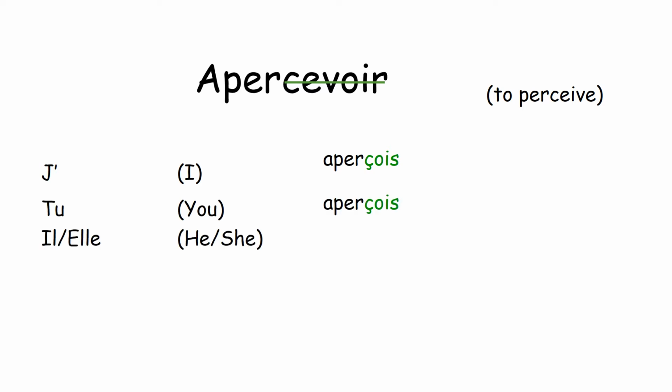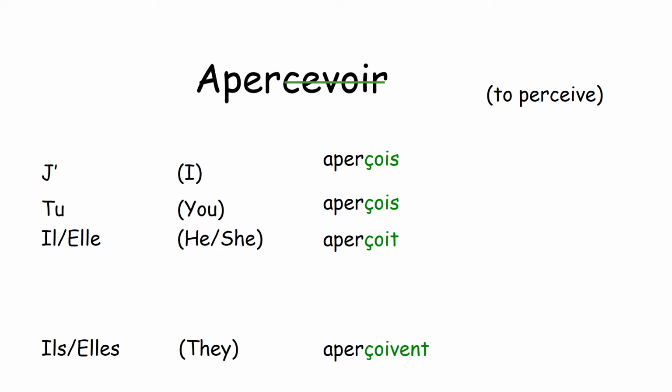To conjugate, we remove the cevoir part and then we add, for je, the ending OIS: j'aperçois, tu aperçois, il or elle aperçoit. And for ils and elles, plural also, we remove the same cevoir part and then we add OIVENT: aperçoivent.